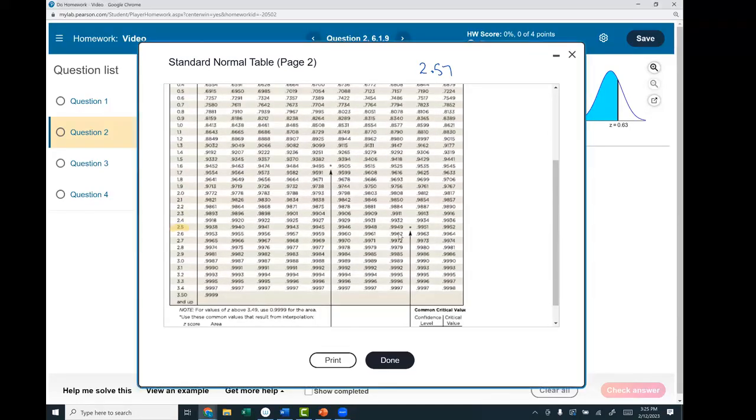So in this column, we're right here. Right where that dot is. Okay, that's easy. So I'll go across and I'll say right here, that's my probability that my value is less than or equal to 2.57.